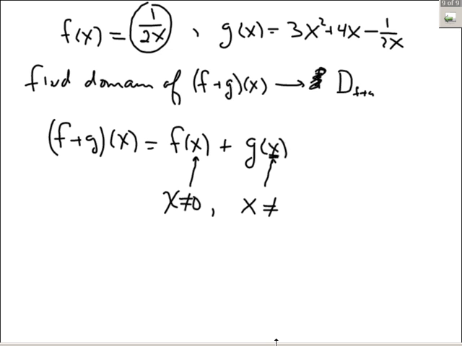Well, you can square any number, including 0, and then multiply it by 3. You can take any number and multiply it by 4. And then you can add them. The thing is you can take away any number, but that number has to make sense. When x is 0, it makes no sense.